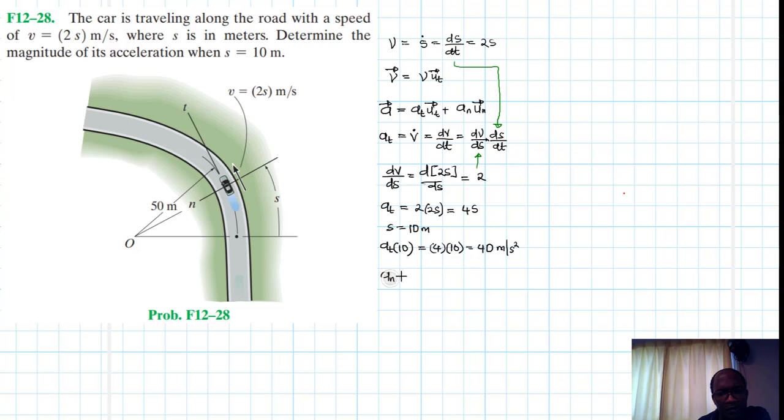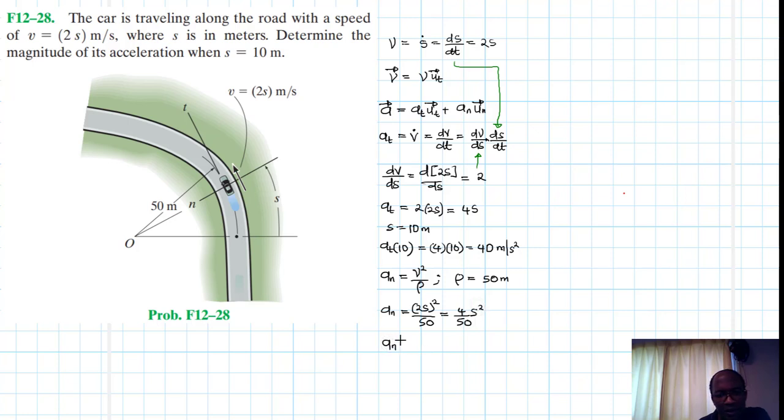And then we have a_n, which is just equal to v squared divided by rho, where rho is the radius of curvature. In our case, it is 50 meters. And our a_n will just be equal to our v, which is 2s, squared, divided by 50, which is just equal to 4 over 50 s squared.